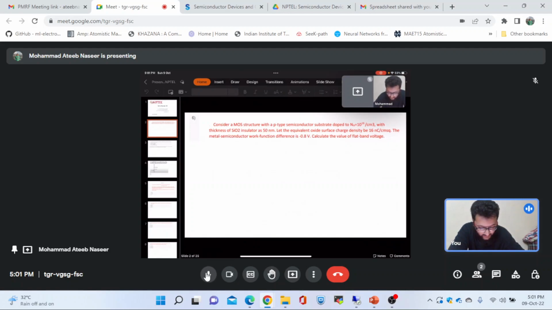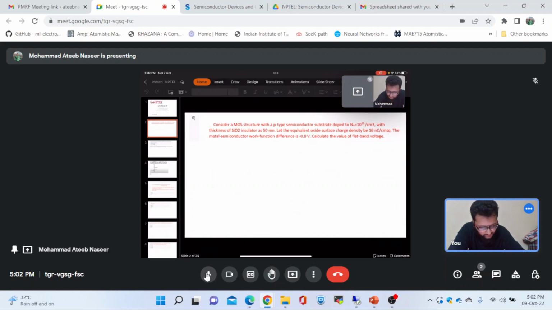And we have been told that there are some charges present at the oxide interface. So these charges will definitely contribute to our flat band voltage or the threshold voltage. So here, we have to compute the flat band voltage, because this oxide charge density will largely affect the threshold voltage.